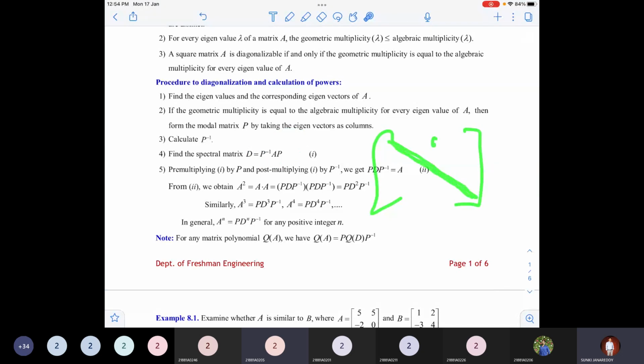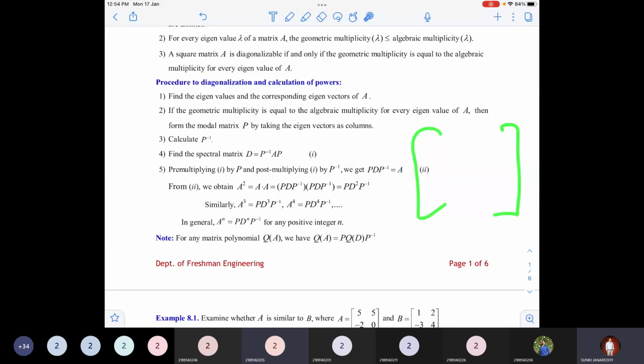Principal diagonal elements are eigenvalues, and the remaining all are zeros. That is the diagonal matrix, the spectral matrix of the given matrix A.